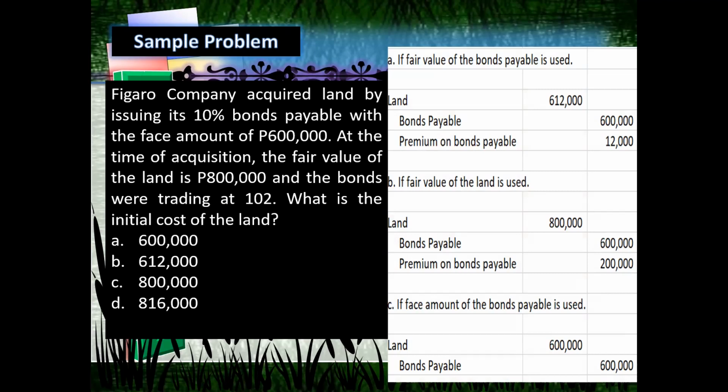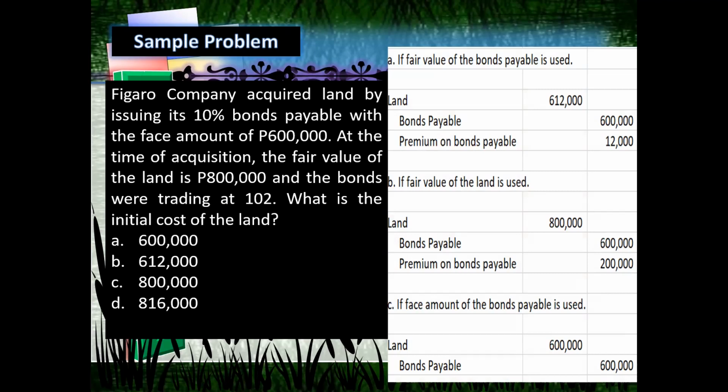Now, pag hindi present yung fair value ng bond, the next thing is the fair value of the land, yung asset na ating na-receive. So in this case, the fair value of the land is 800,000.